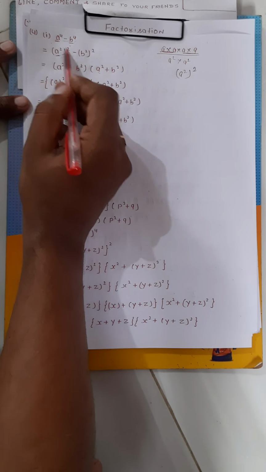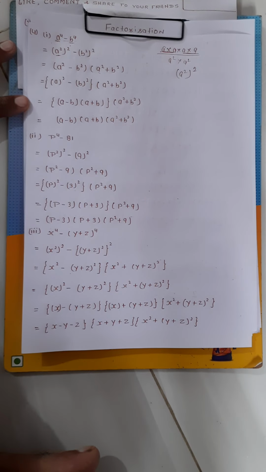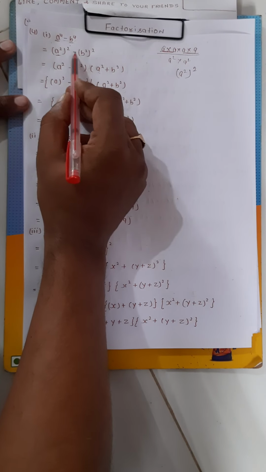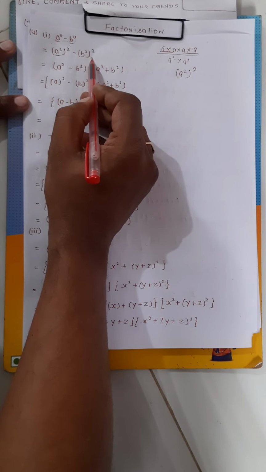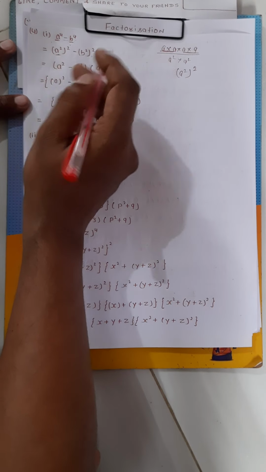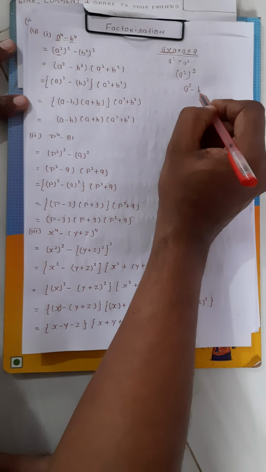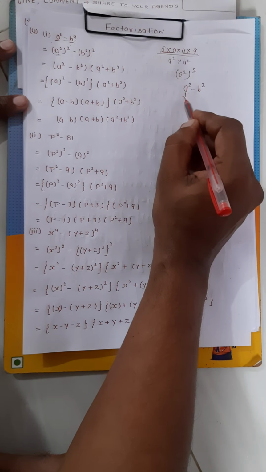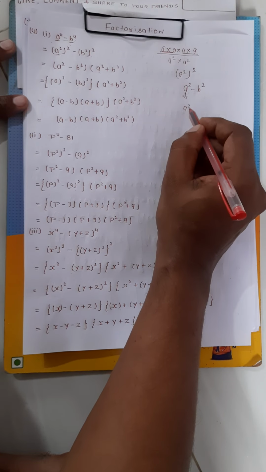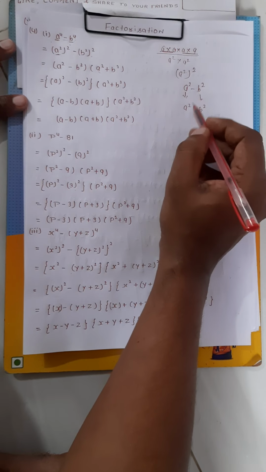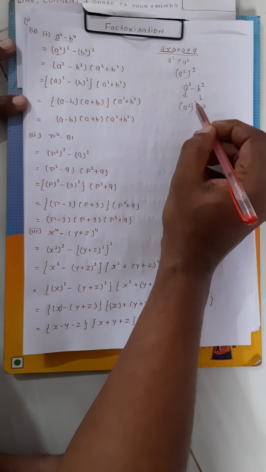So I will make it a whole square of a square, and for b^4 the value will be the whole square of b square. Now it is just in the form of a square minus b square, where the value of a is a square and the value of b is b square.